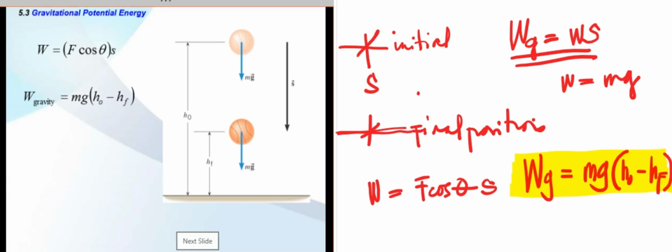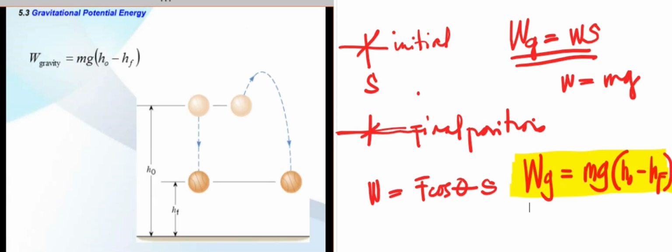But gravitational potential energy, like for example in two dimensions, in this illustration. First, the ball is just falling downward, one directional, vertically, and then a ball being thrown two-dimensionally. Now we just have to disregard the path taken by the ball, because we only consider the initial position and the final position.